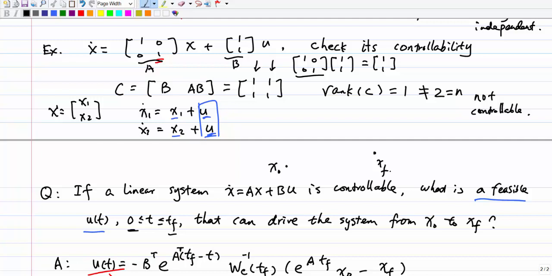I know this linear system is already controllable, so I want to find some u(t) such that I can drive the system from x0 to xf. How do I design this?